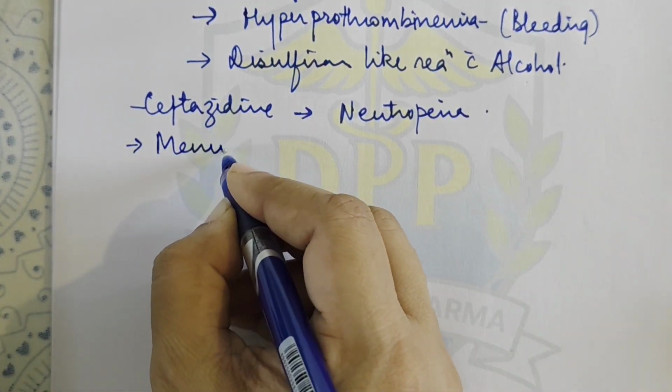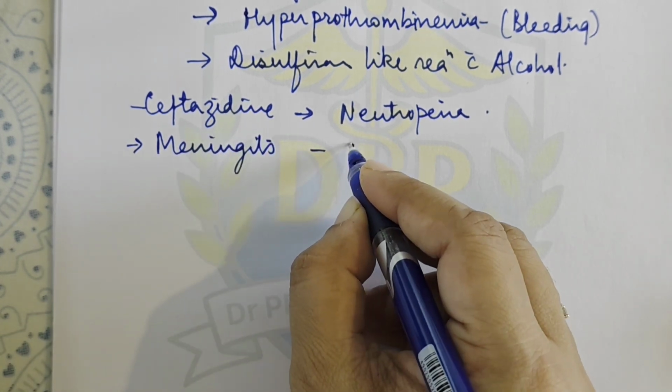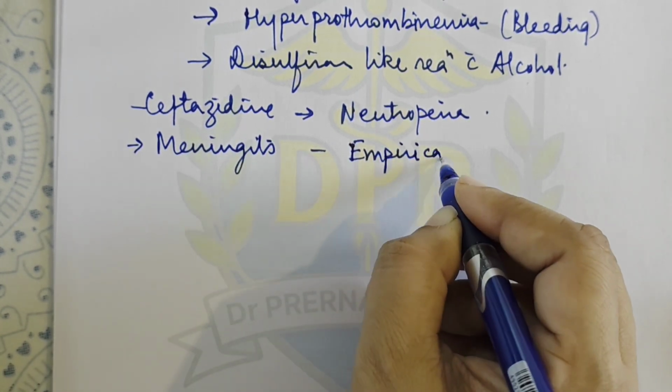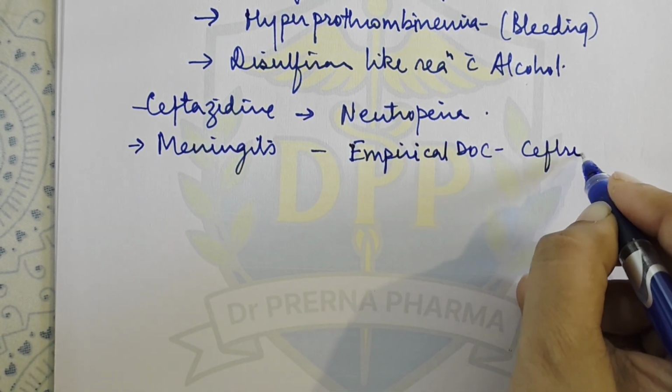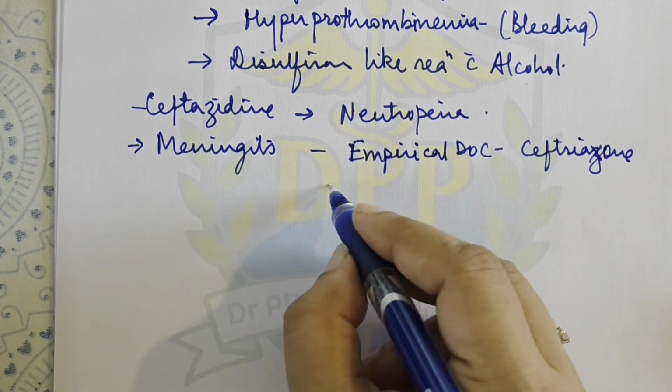If I go to the treatment of meningitis, the empirical drug of choice is ceftriaxone.